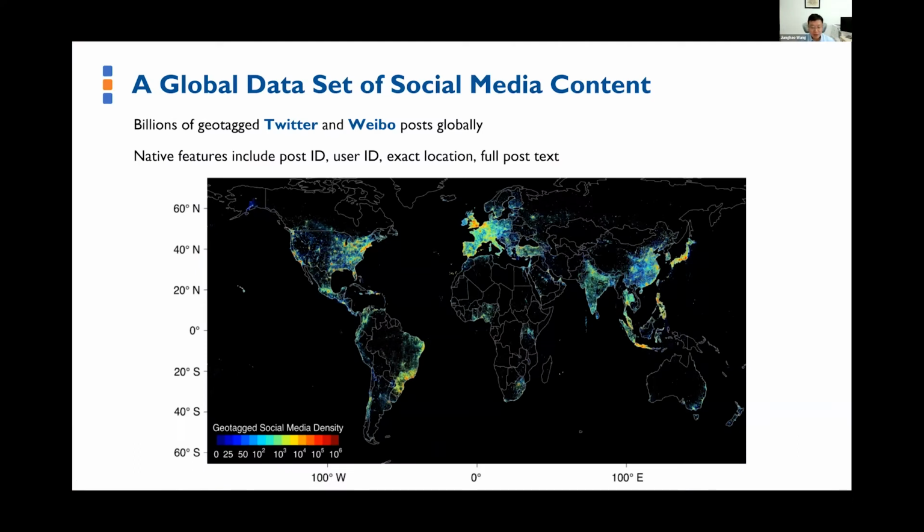The data we use for this study is mainly composed of billions of geotagged Twitter or Weibo posts globally. There are some native features, including the post ID, user ID, exact location, and post content.